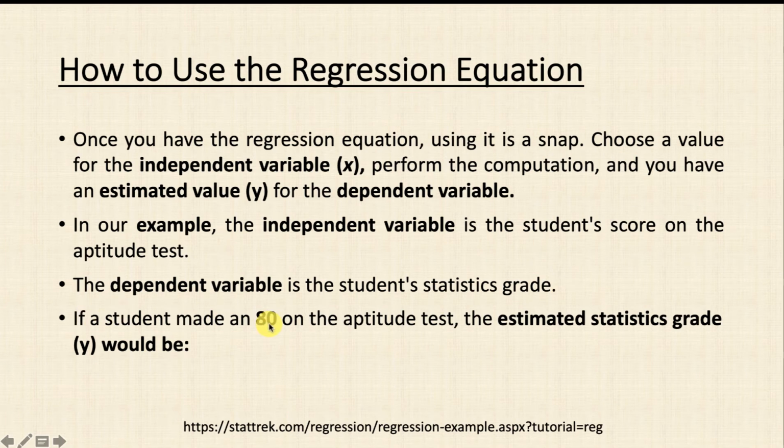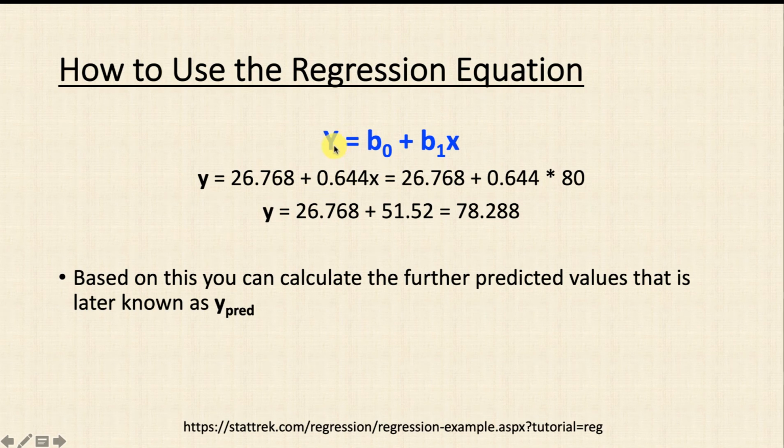If a student made an 80 on the aptitude test, the estimated statistics grade would be, here you can see, y is equal to b0 plus b1x. We want to predict the value of y based on the value of x, that is his aptitude score. Based on this, you can calculate further predicted values, known as y predict, right?